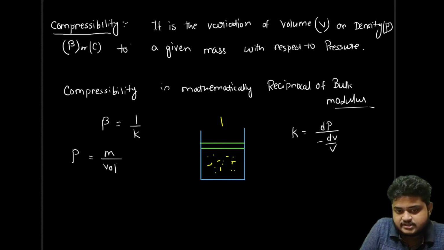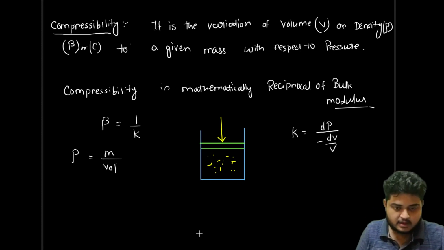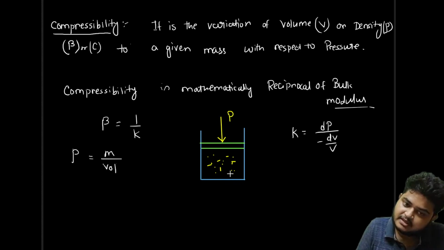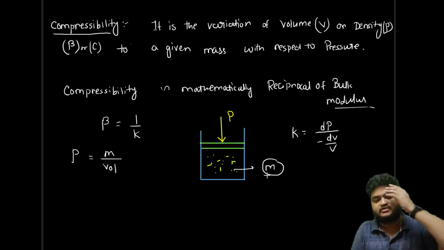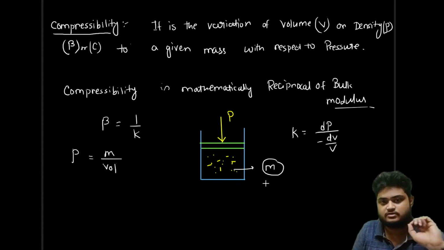Now we are exerting pressure on the fluid from the top portion, right? If we exert the pressure P, and it is given that the mass of the fluid is constant. Mass is given, and if we give pressure to that particular fluid, the mass will not change.